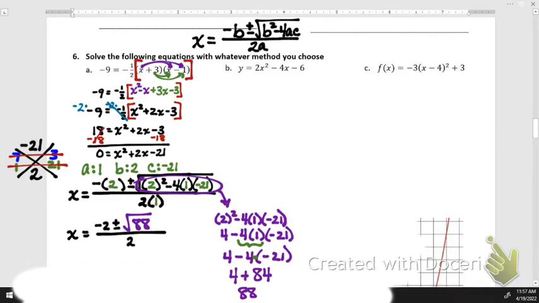What are the 2 different things that we're going to put into the calculator? Yes. Negative 2 plus the square root of 88 over 2. And we'll do the exact same thing, but where it's negative 2 minus the square root of 88 over 2.